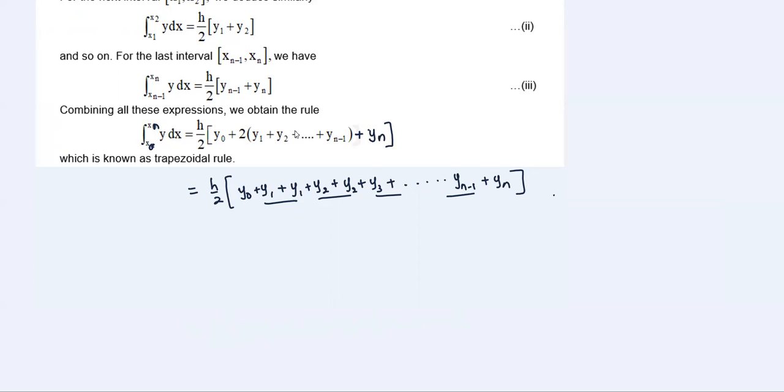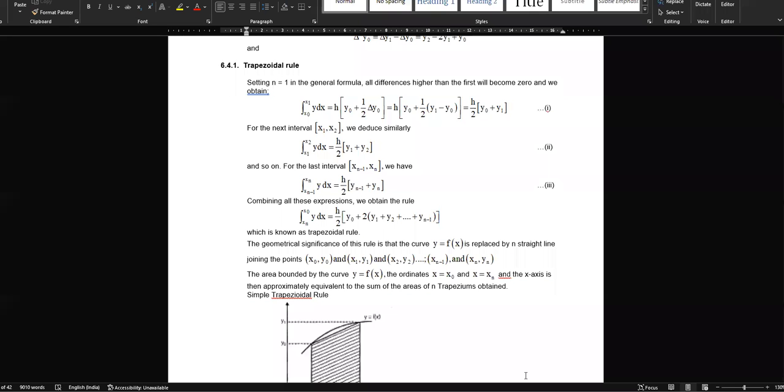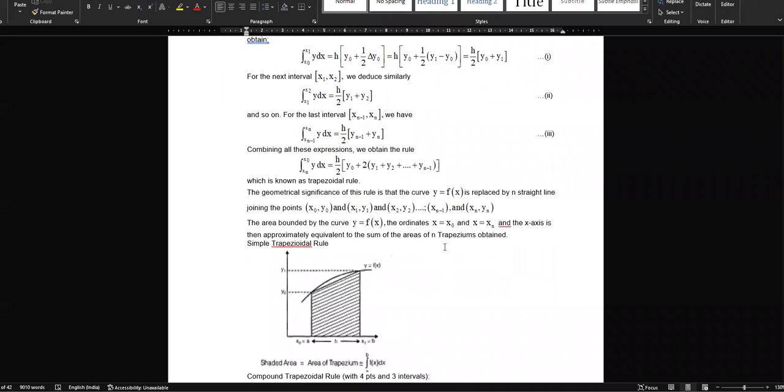So this is the trapezoidal rule. Now what the trapezoidal rule describes is this.